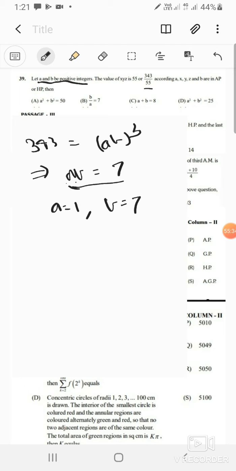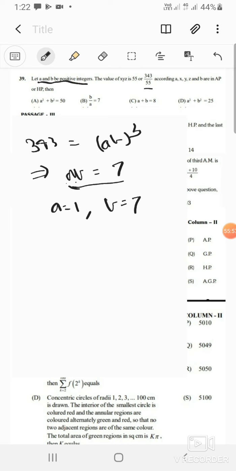What do we get from that? Yes, a plus b equals 8. Anything else which we can get? We can get a squared plus b squared equals 50, but that can happen only if a and b are in increasing order, like if a is less than b.